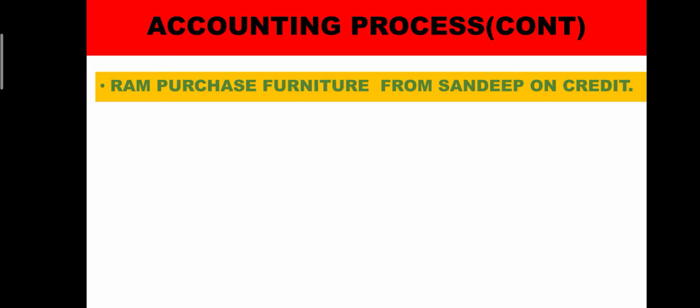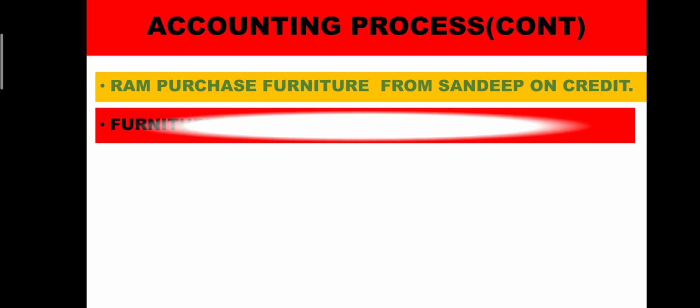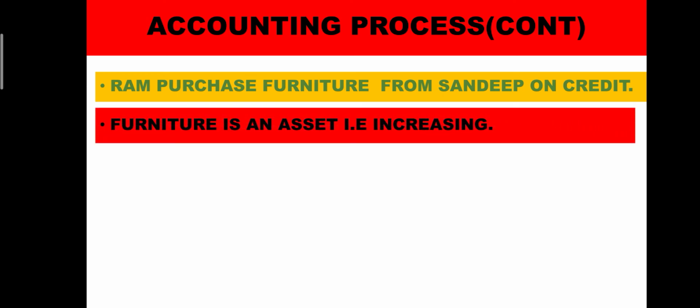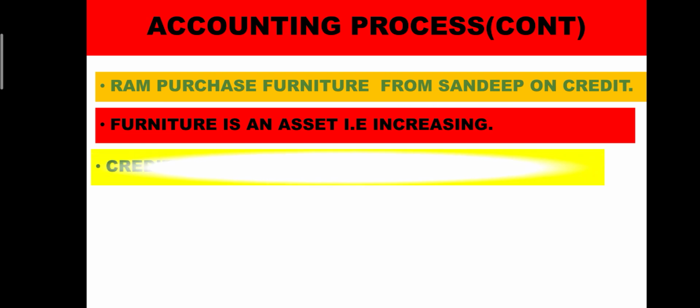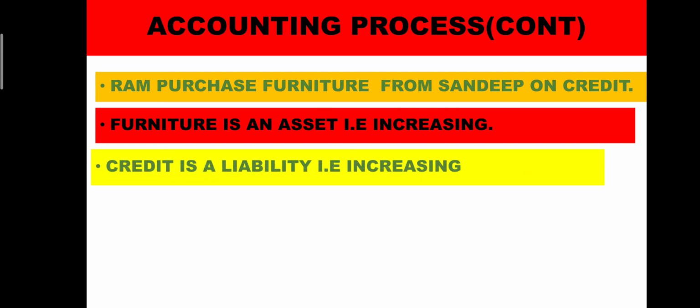Furniture account denotes an asset which is increasing in the business, and Sandeep account shows a liability on the business. So in simple terms, furniture is an asset that is increasing and Sandeep is a liability that is also increasing.